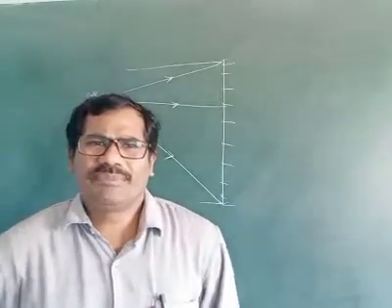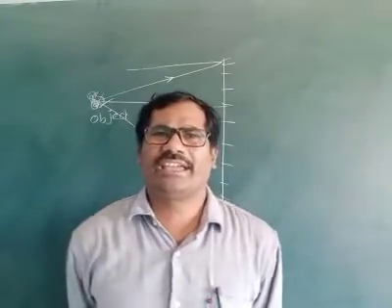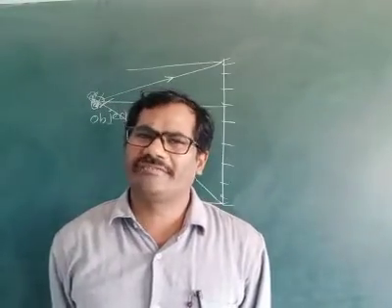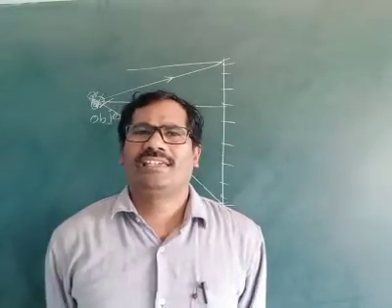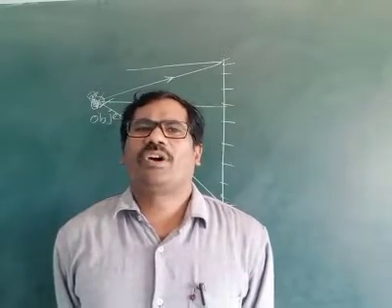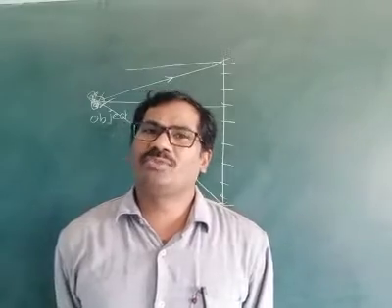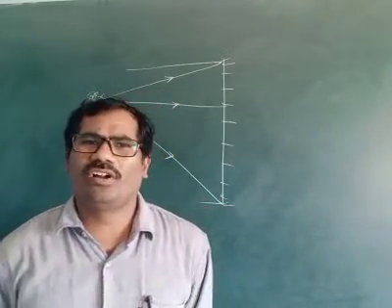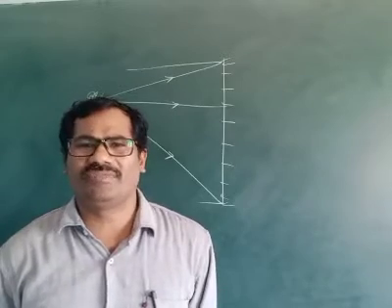You can see the object. When the rays of light diverging from a point, after reflection or refraction, either actually meet at some other point or appear to meet at some other point, then that point is called the image of the object.